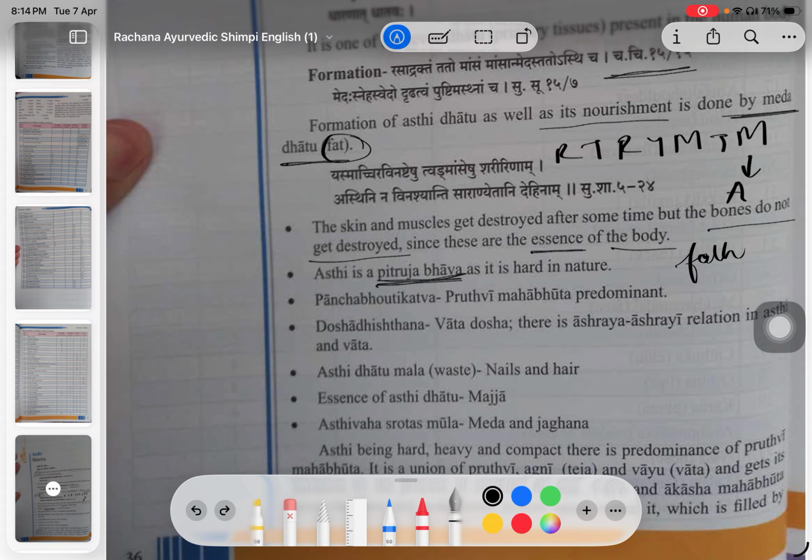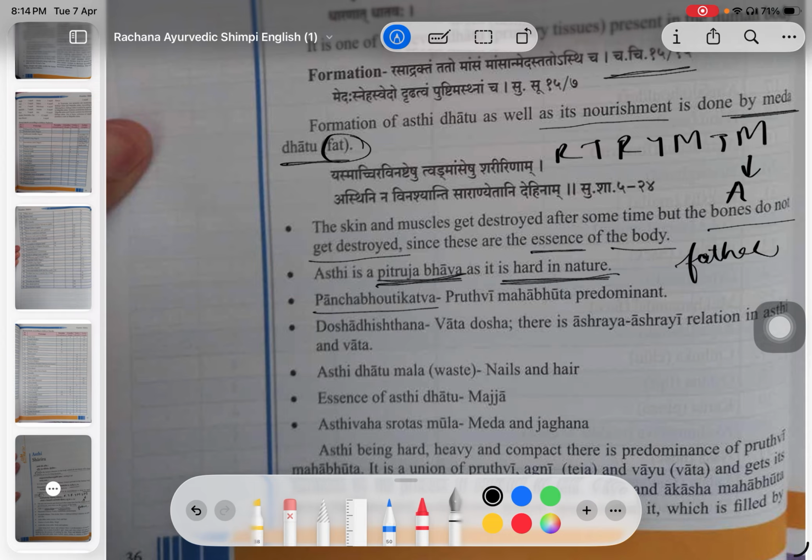Okay, so this is what it means, and it is hard in nature. All the hard parts are known to be derived from the father, just like hair, Asthi, nails, all these parts, right?